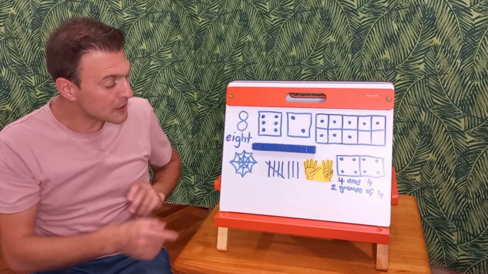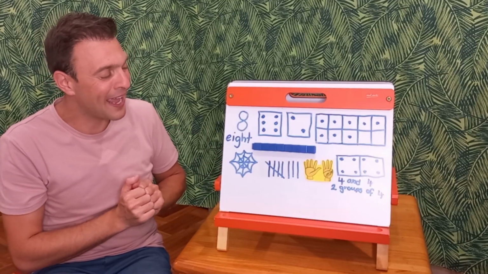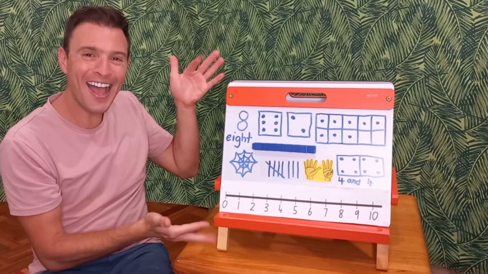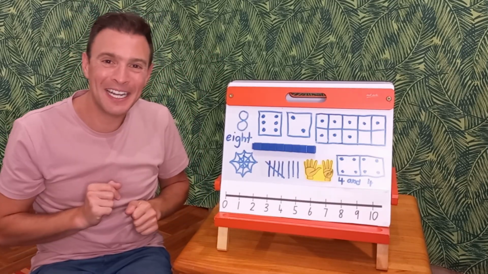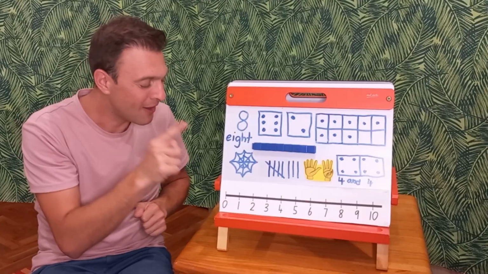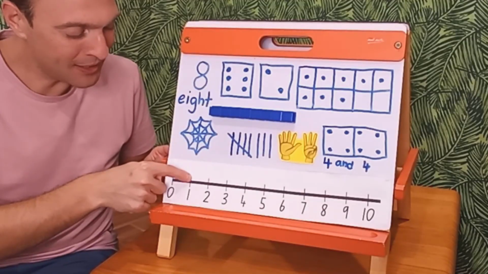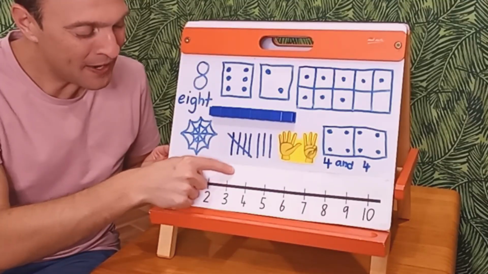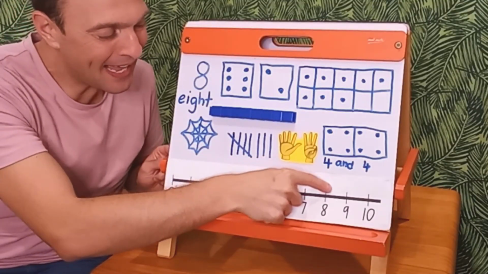Now it looks like we've got space for one more way to show 8, and that's on our number line. Okay everyone, let's count to 8 using the number line. I'll start with my finger on the number 0. Ready? Let's count. 1, 2, 3, 4, 5, 6, 7, 8.